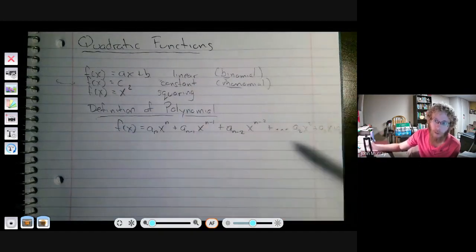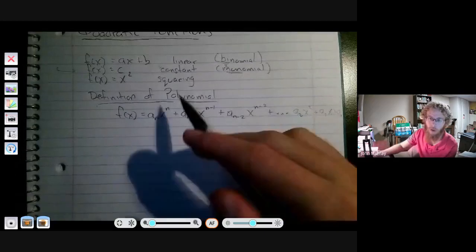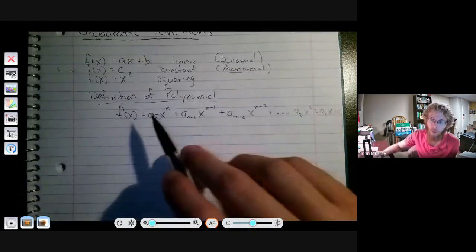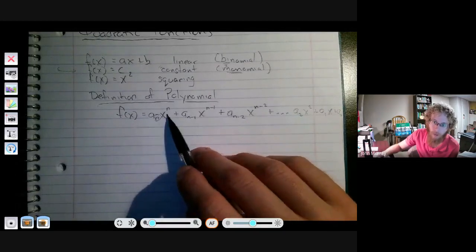If I had more than 26 terms, I'd run out of alphabet, I'd run through A through Z, and then I'd be out of luck. So what we use are subscripts, right? So I'm just using A for my coefficient, right?